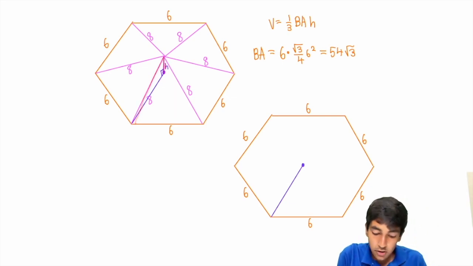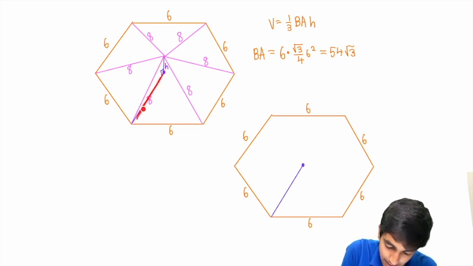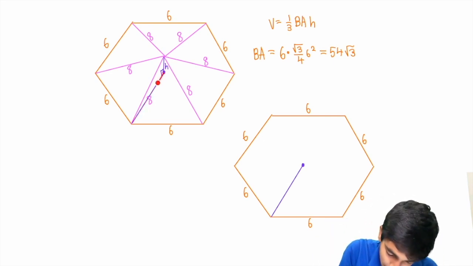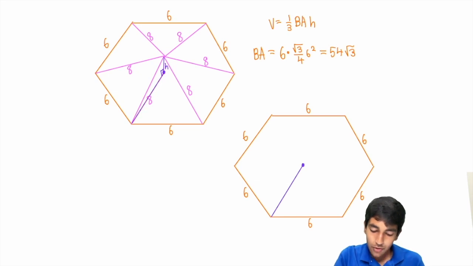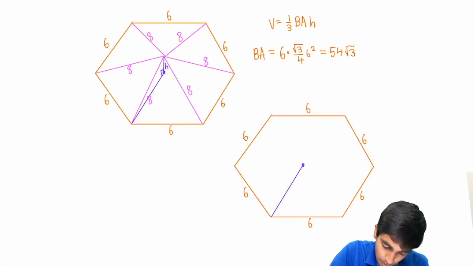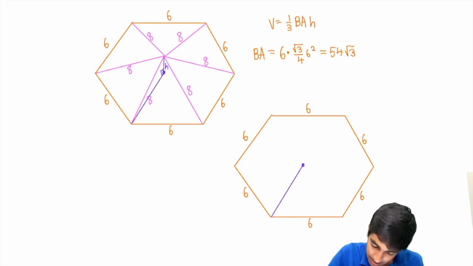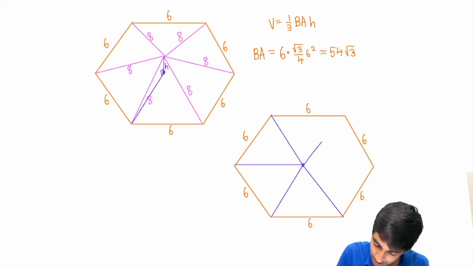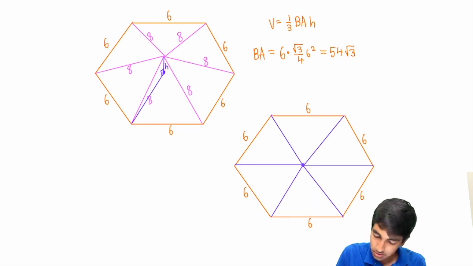So to find the height, all we have to do is find this segment, and we can use the Pythagorean theorem. So how do we find the length of that segment, which is shown on the base of the polygon? Well, notice that this purple point is the center of the hexagon. And if you remember from the previous video, we can divide a regular hexagon into 6 congruent equilateral triangles.